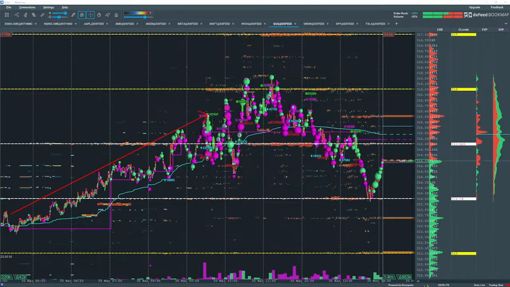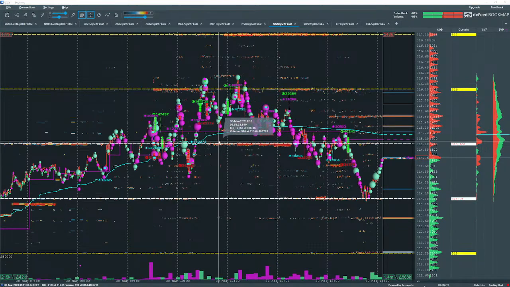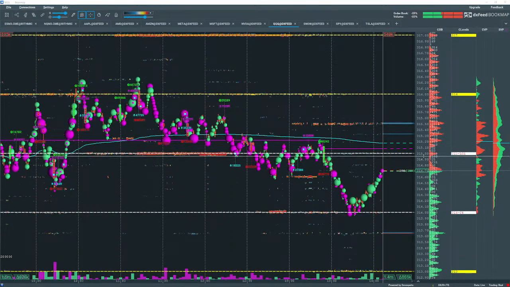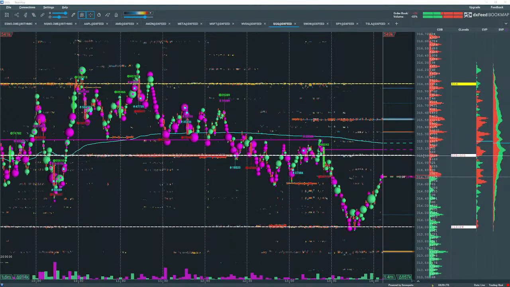Then price got pretty choppy, and finally reversed lower at the 316 level. Let's zoom in on that. Then we'll go back to the RTH. And QQQ makes a double top. And note the, whoops, wrong tool.